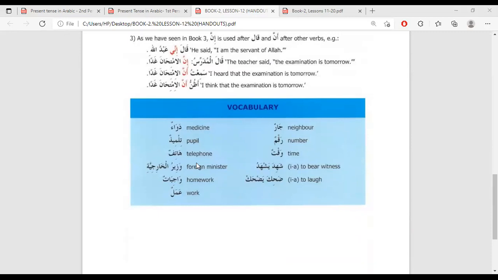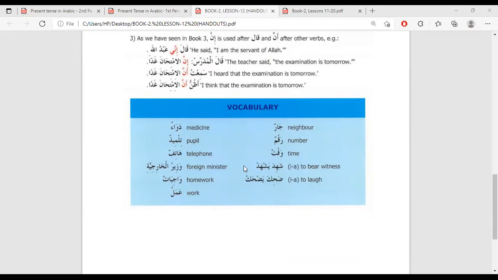New vocabulary, we don't really have a lot of new words. The first one is dawa'un, which is medicine. Tilmidun, pupil, a younger student. Hatifun, telephone. Wazirul Kharijiyah, foreign minister. Wajibun, and the plural is wajibatun, homework.